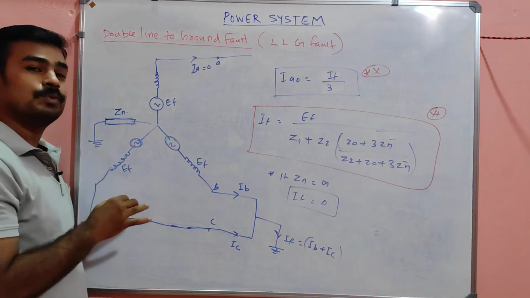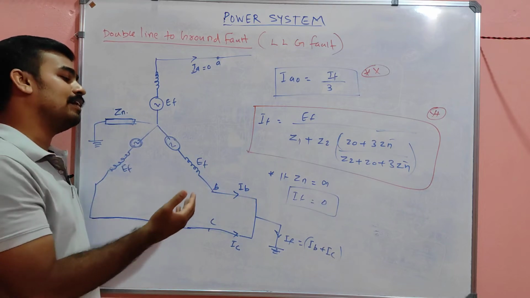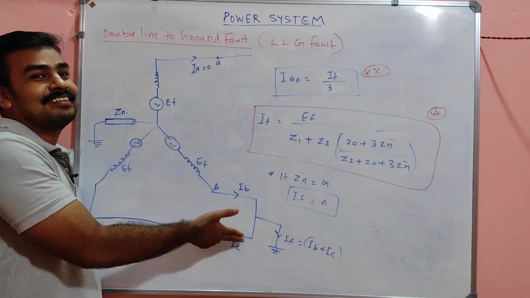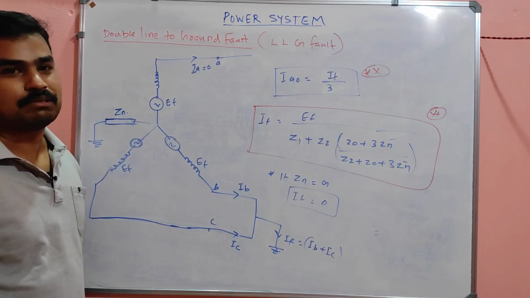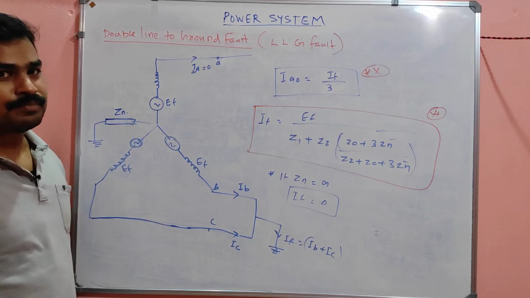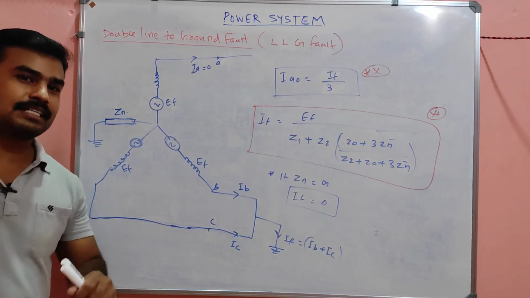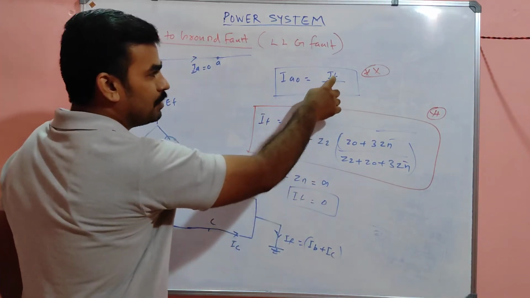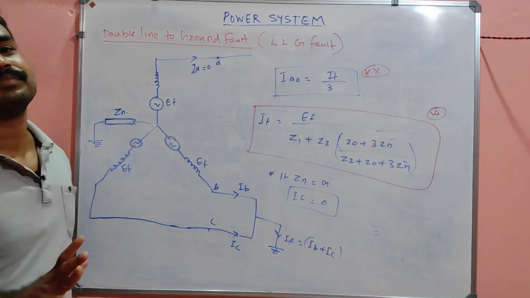But now the fault current is not simply IB or simply IC, but together they make the fault current. So definitely there will be a zero sequence component. As I said earlier, the zero sequence component is the total fault current divided by 3, that is IF divided by 3, where IF is IB plus IC.